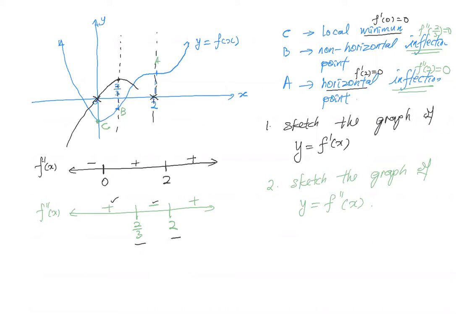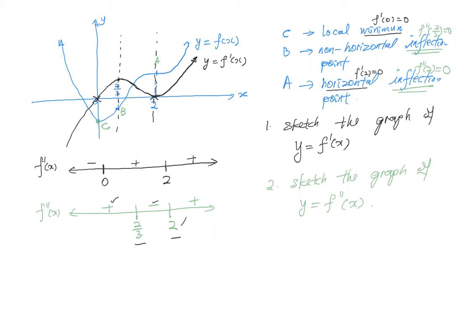At 2, it turns again. So the shape must go like that. Then you go all the way up. So this is your y equal to f prime x. Are you okay?